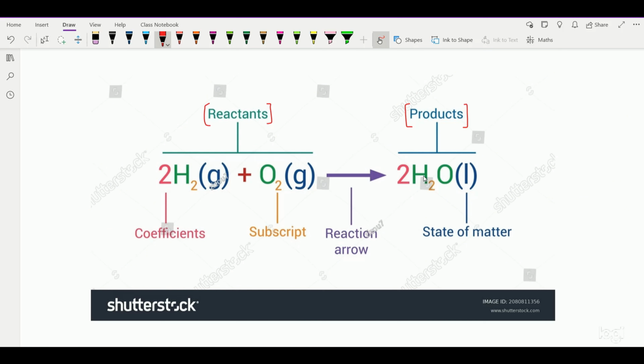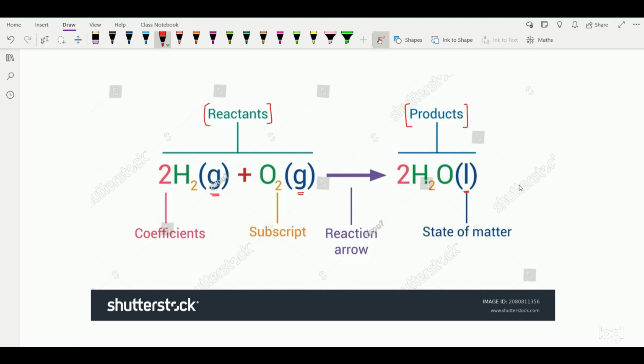And the third thing that must be written in a chemical equation would be the states of matter of the chemicals in the equation. These are written in brackets, and they are usually written in small letters, where s represents a solid, l represents a liquid, and g represents a gas.